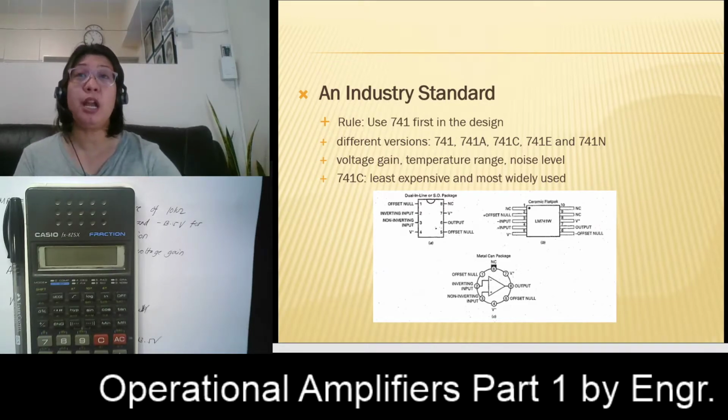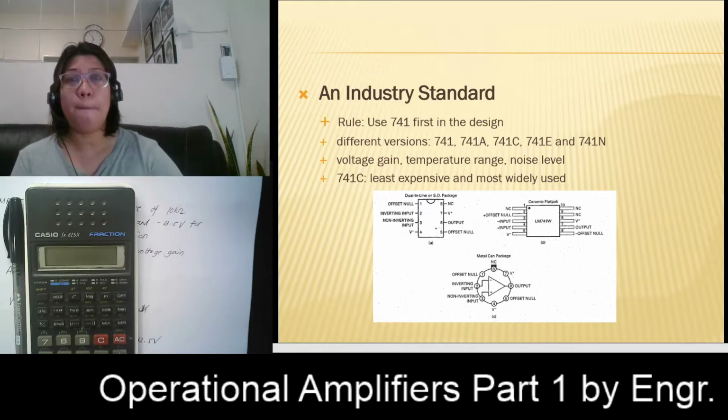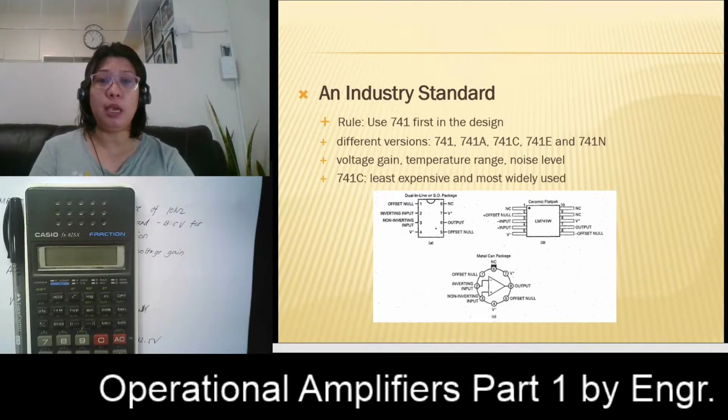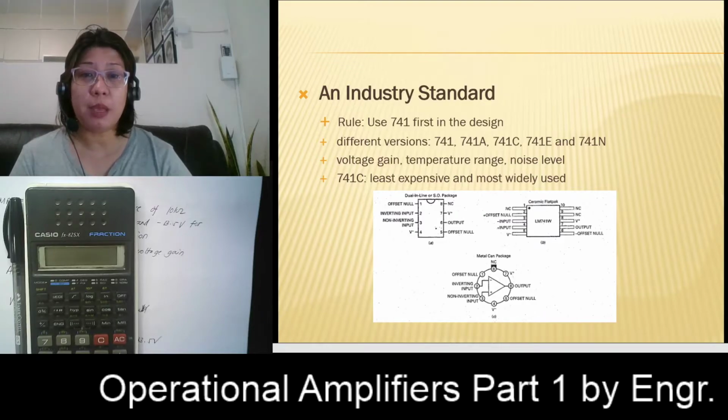Seen here are the three most widely used package styles and pin configurations. Usually it is made up of 8 pins, but the ceramic flat pack is made up of 10 pins.